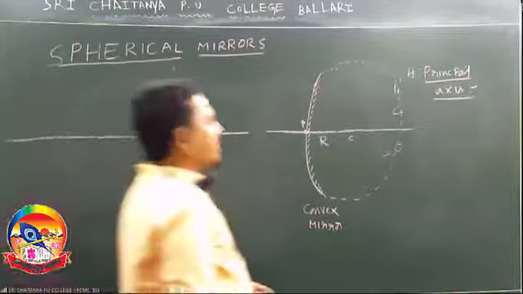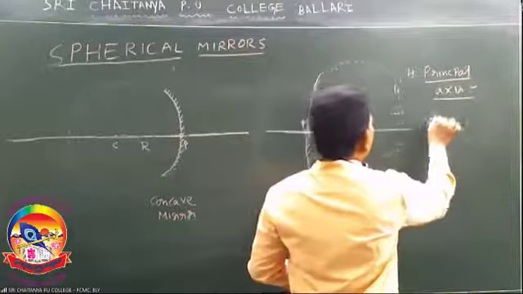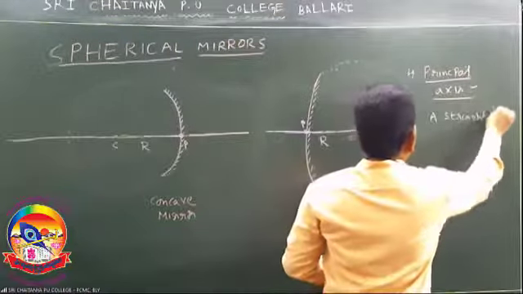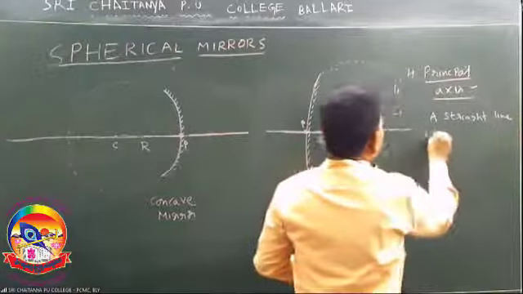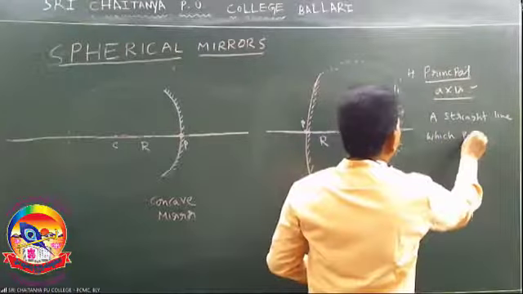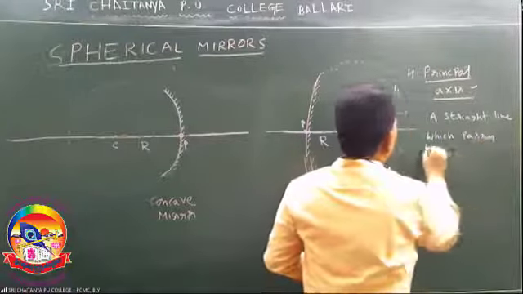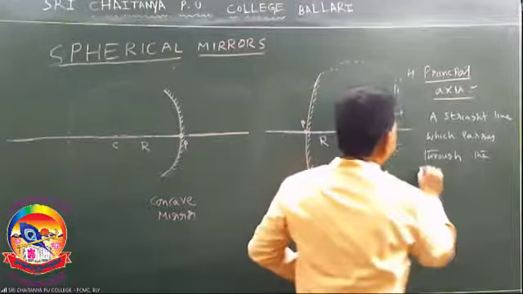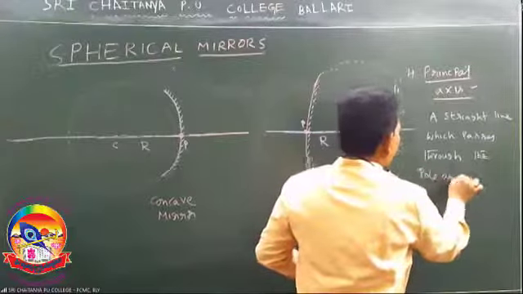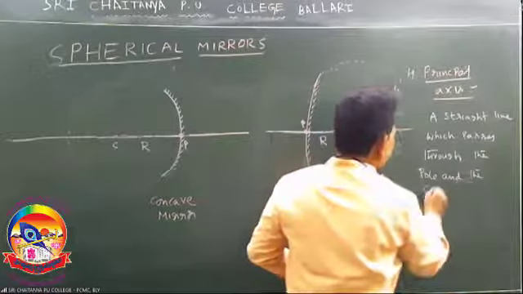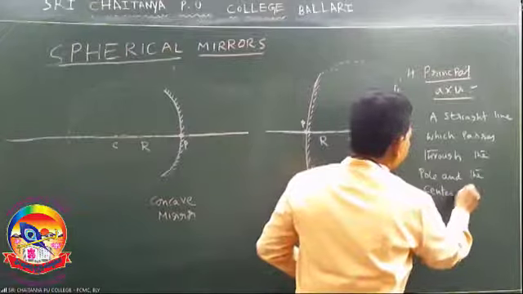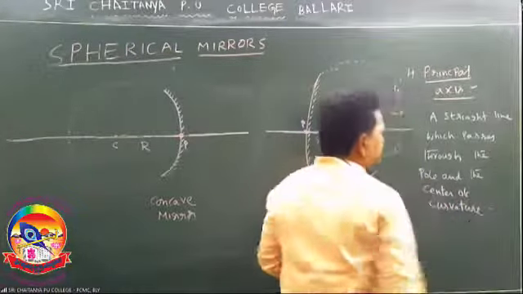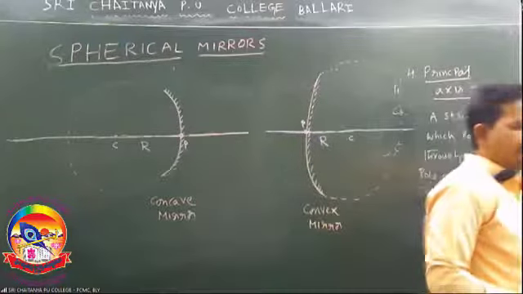So the principal axis: a straight line which passes through the pole and the center of curvature of the spherical mirror is called the principal axis.